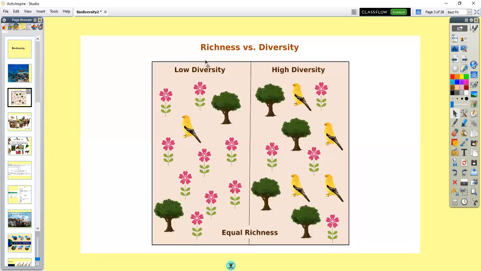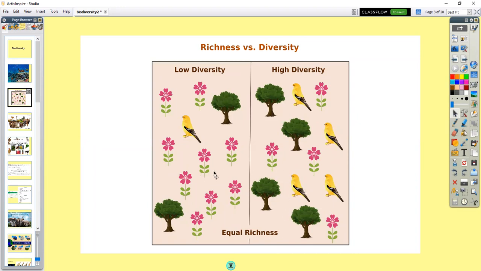If we talk about species richness versus species diversity, we can see here that the richness is equal. You've got 3 different species within this habitat, and 3 different species within this habitat, so there's equal species richness between the 2 habitats.